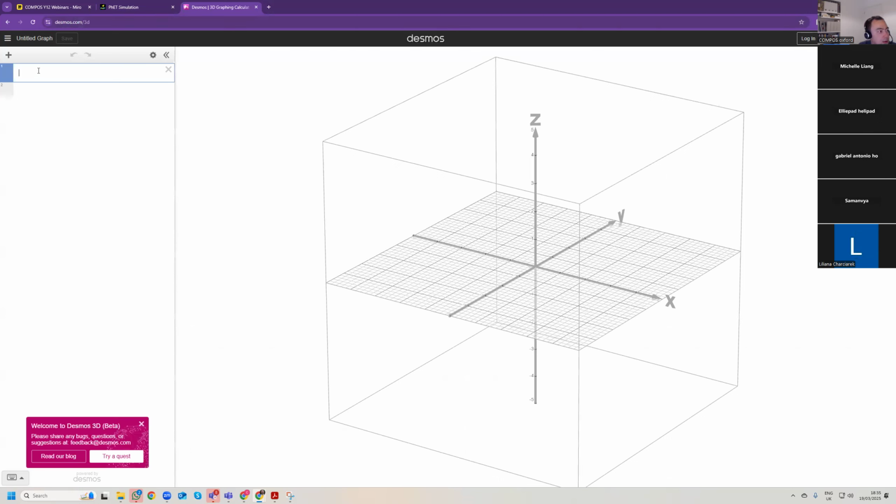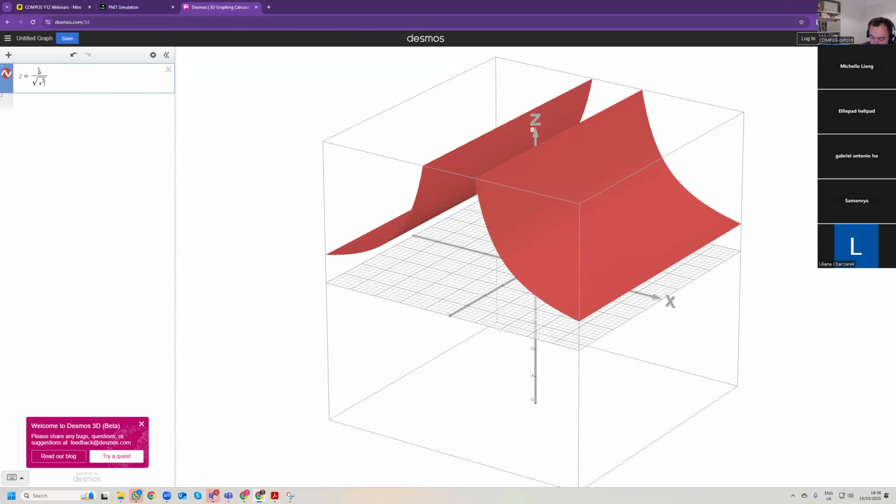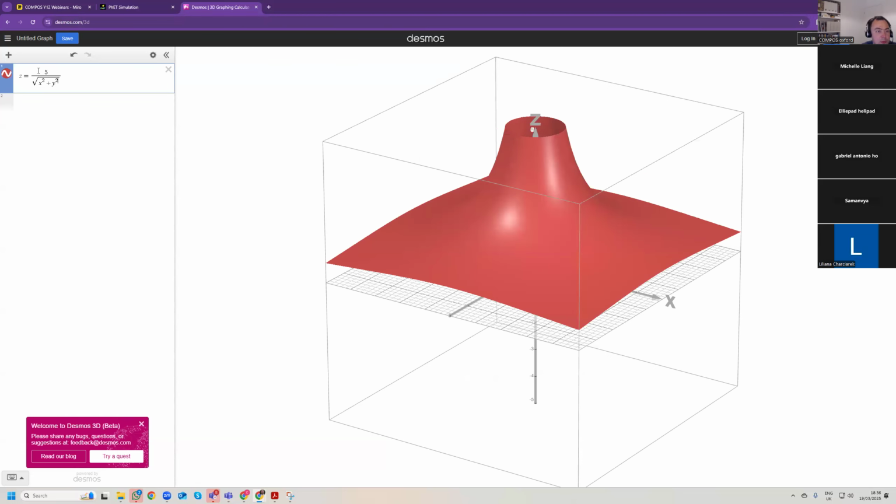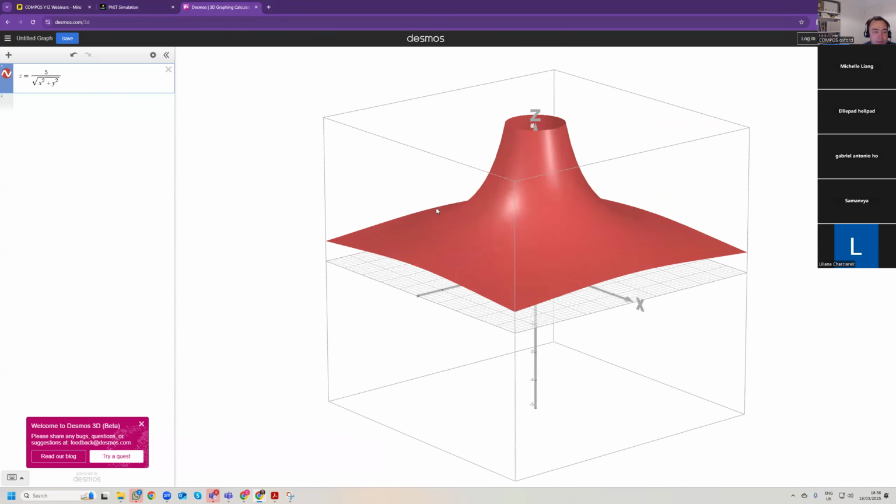Z equals, let's just do 5 divided by the distance, which is going to be square root of x squared plus y squared. You can visualize it like this.